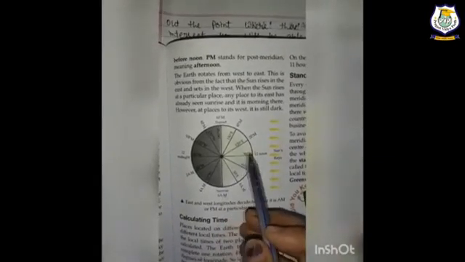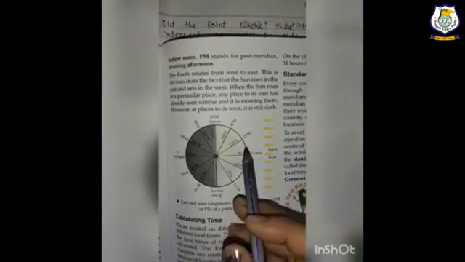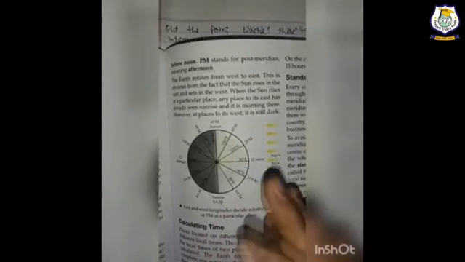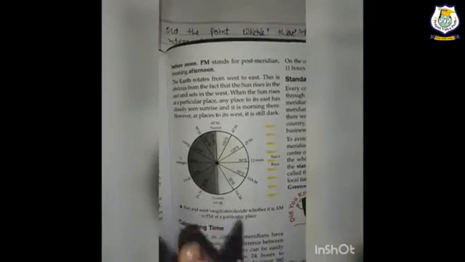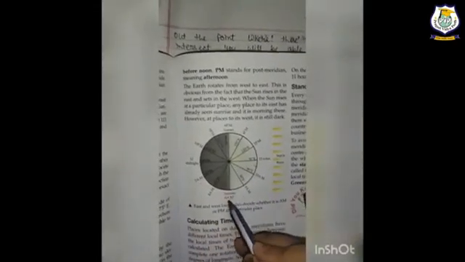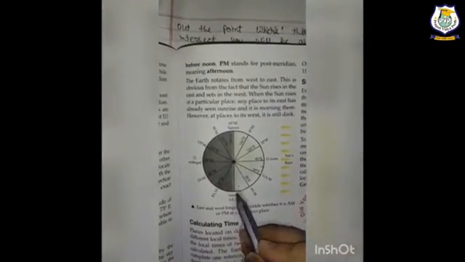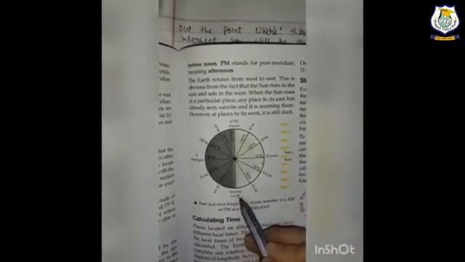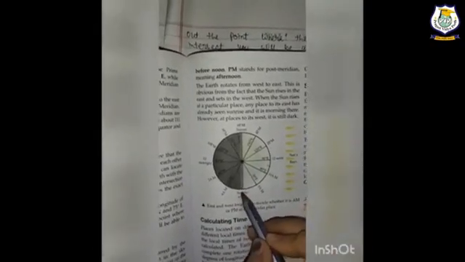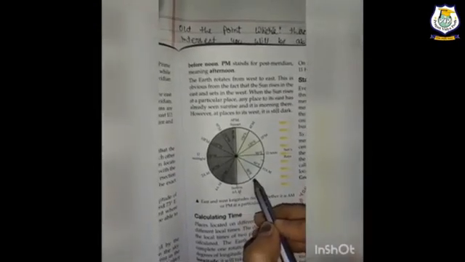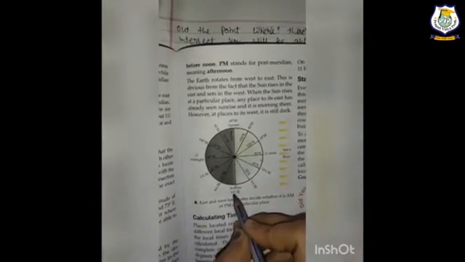When the sun rises at a particular place, any place to its east has already seen the sunrise and it is morning there. However, the places located to the west of the prime meridian are still dark. Here you can see, this is 6 a.m., sunrise. After 6 a.m. it is 8 a.m., and the difference between them is 0 degree to 30 degrees.